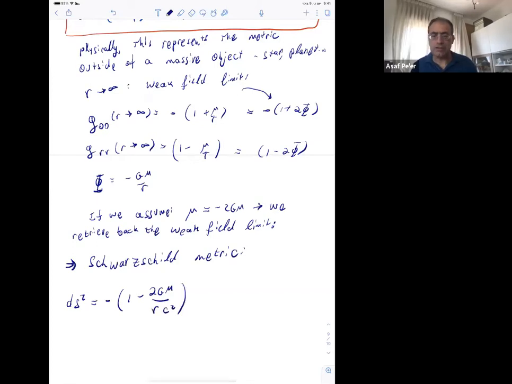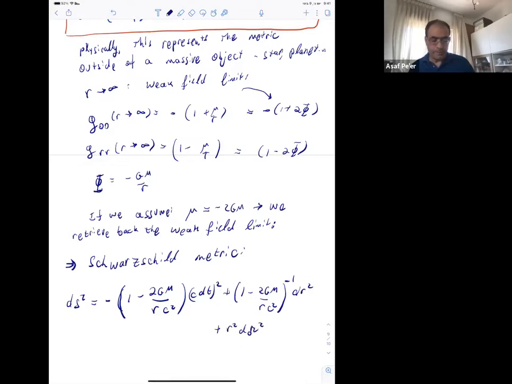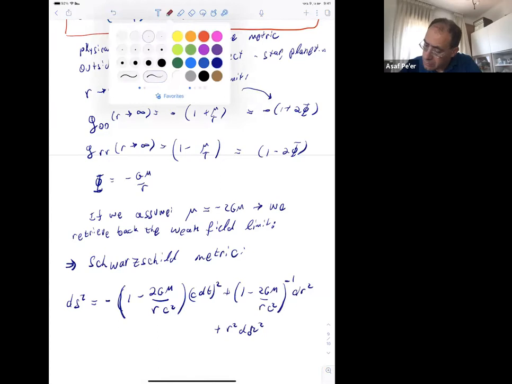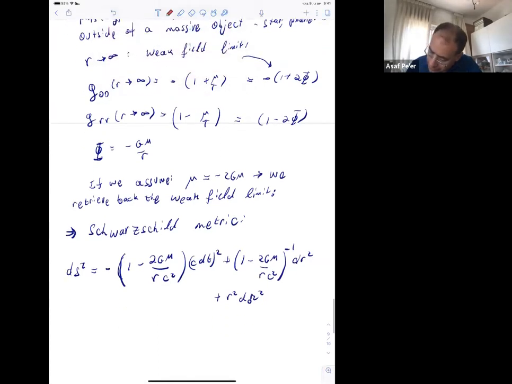I put the c squared here; I'm pretty much neglecting it and putting it to 1, but here I use it just for completeness. And this is the Schwarzschild metric.